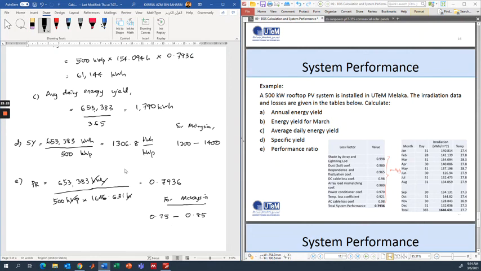If 0.75, that means the system efficiency is at 75%, which means 25% overall losses. If 0.85, that means 15% losses. So the higher the performance ratio, the better the system is performing. This is usually a good indicator of the quality of our system output. And this is how we conduct a simple system performance evaluation.